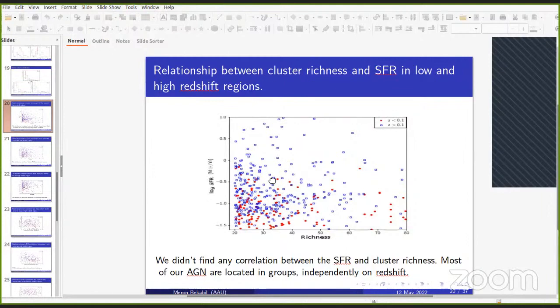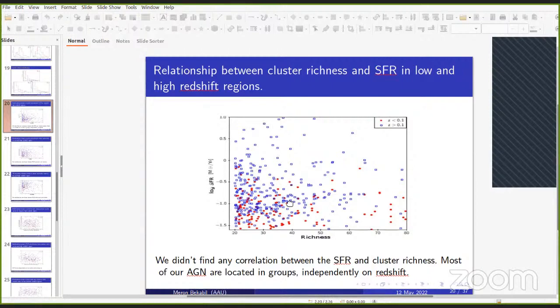So basically, we didn't find any correlation between the cluster richness and the star formation rates, because what we see here is that most of them are located in the galaxy groups again, and they have quenched star formation rates, or we don't have much star formation going on here, but there is a little.